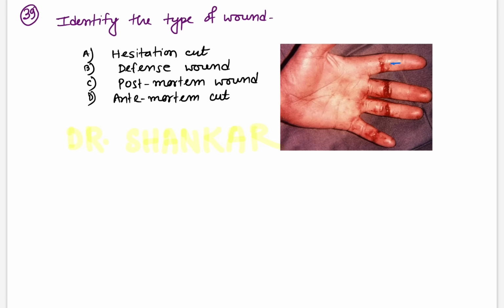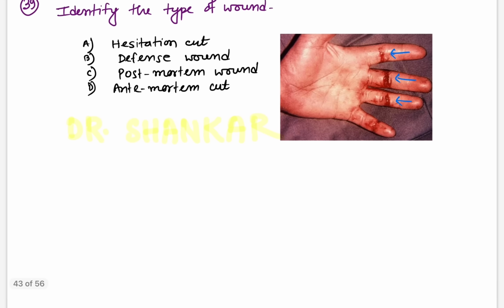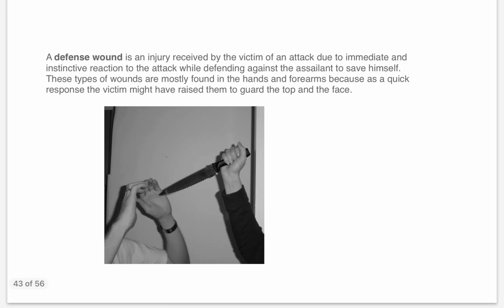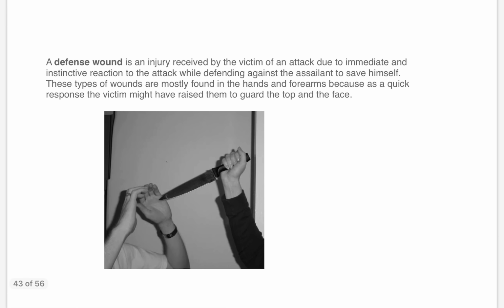See, there is presence of wound over the three fingers, parallel wound. So this is nothing but a defense wound. How is this defense wound produced? This defense wound is an injury received by the victim of an attack, due to immediate and instinctive reaction to the attack while defending against the assailant to save himself.